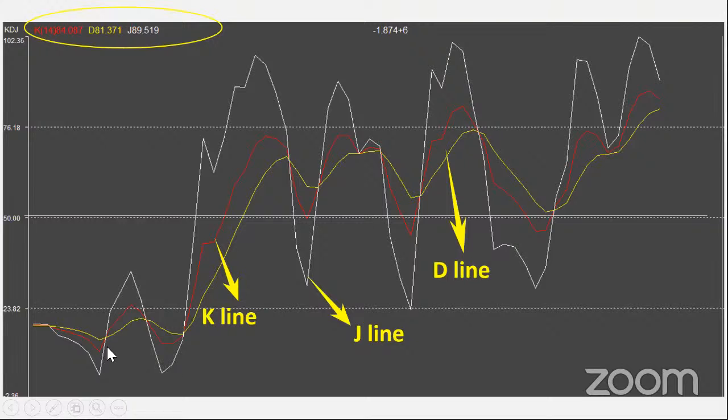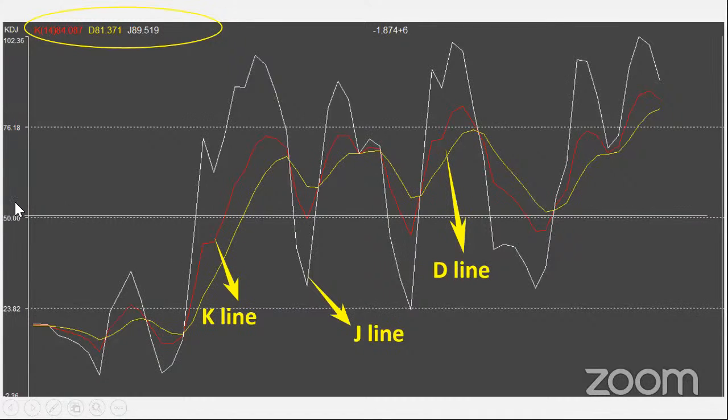And J also can be 120, more than 100. That is only for J. But for K and D, the range is between 0 and 100%.